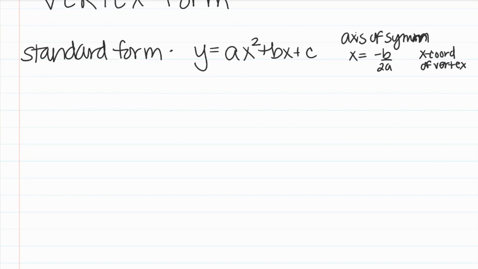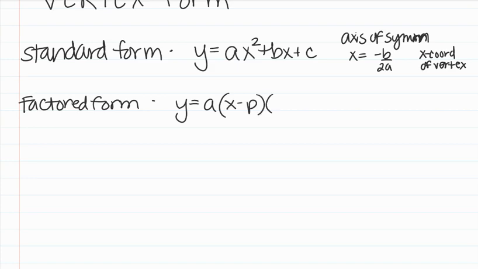Then we had factored form. And that was y equals a times the quantity x minus p times the quantity x minus q.